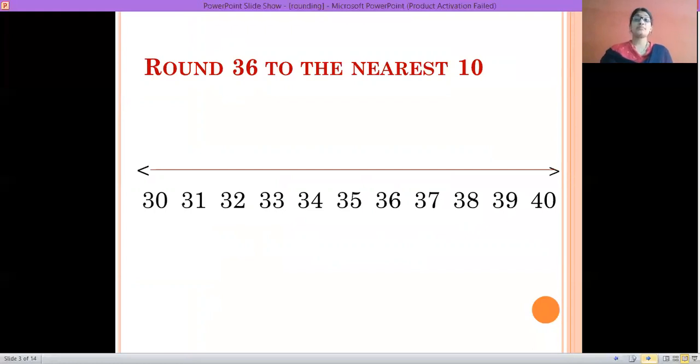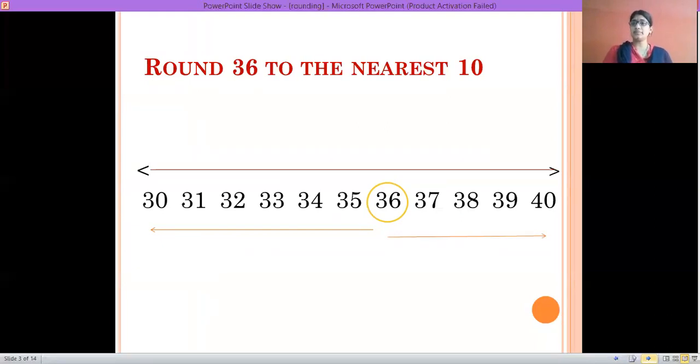Now, which number do we have to round? 36. So we'll select that. So 36 is the number to be rounded. Here, we'll see 36 is near to which 10? To 30 or to 40.